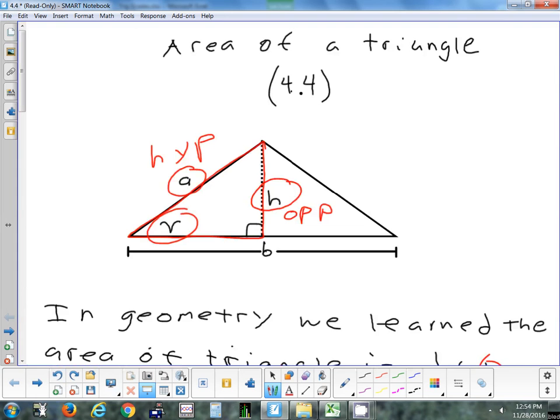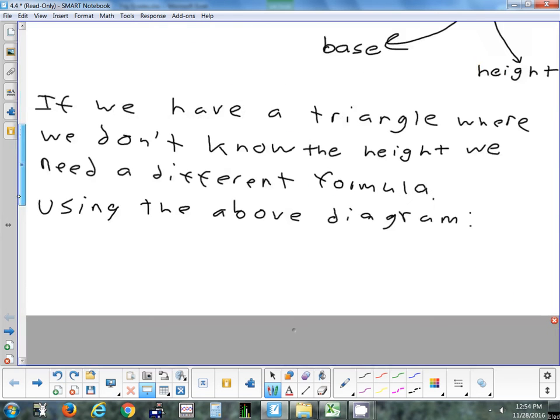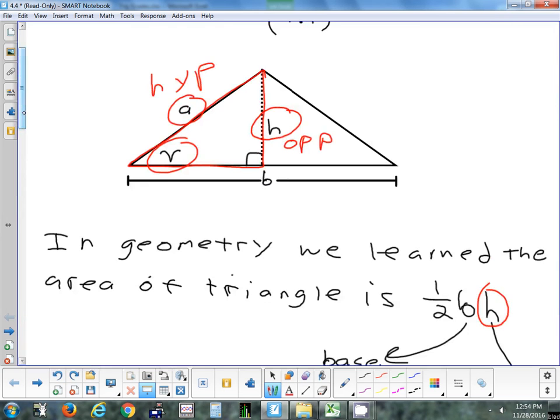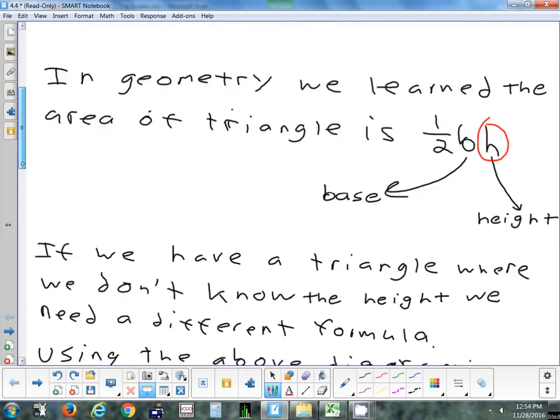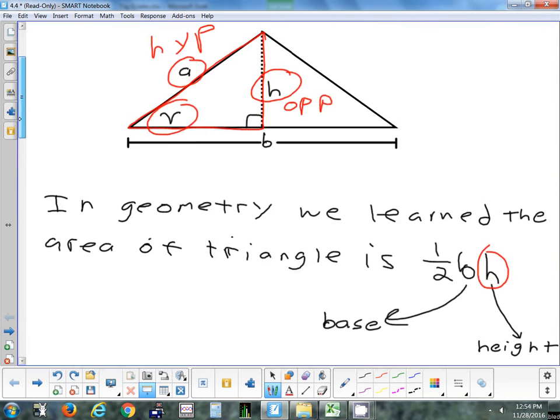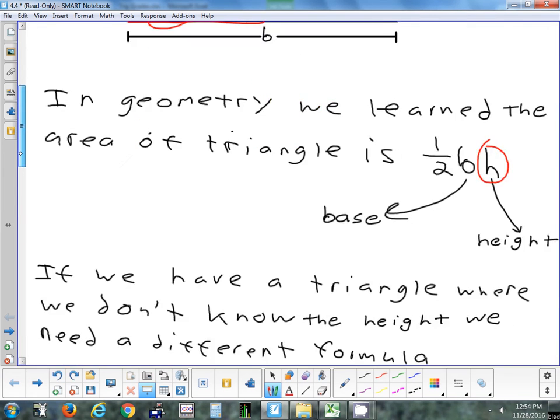Does anybody remember what trig function involves opposite over hypotenuse? Sine. Yep. So I'm going to write down exactly what I just said. Sine of my angle, which is gamma, equals opposite over hypotenuse, h over a.